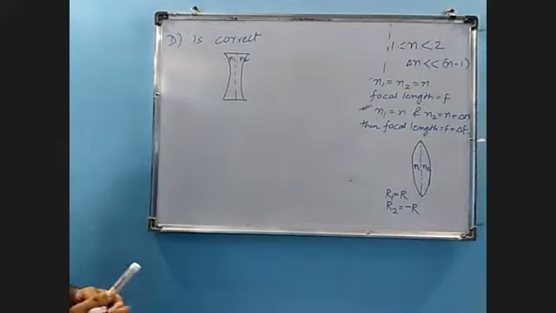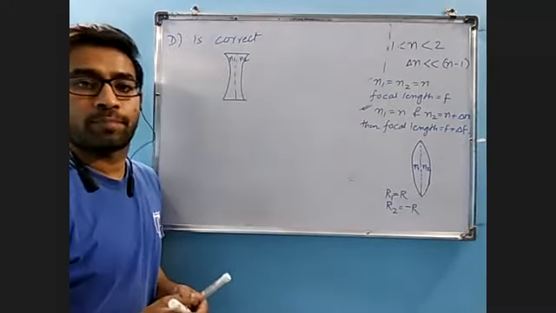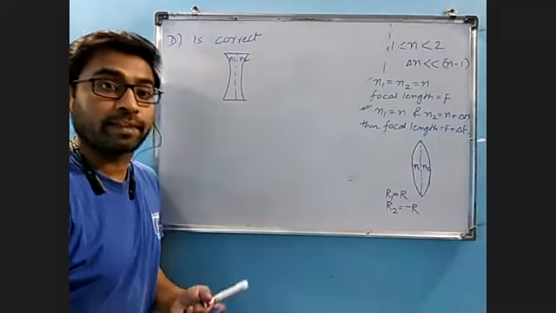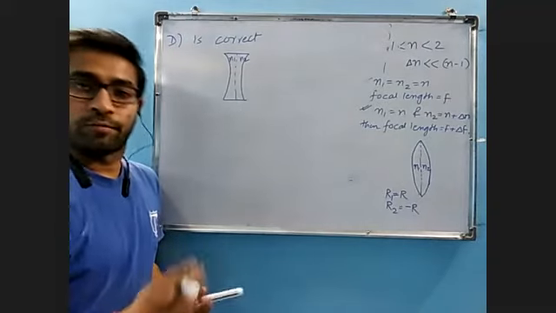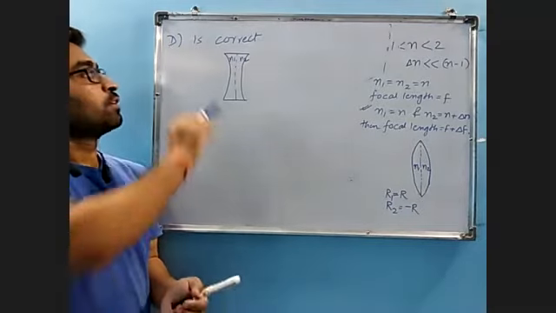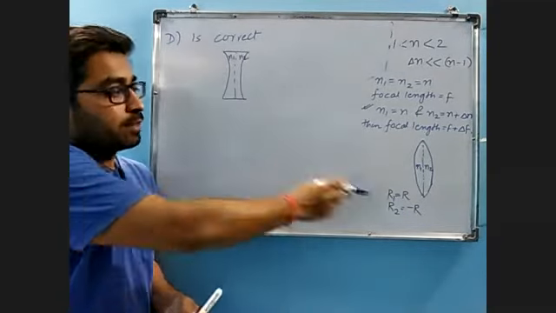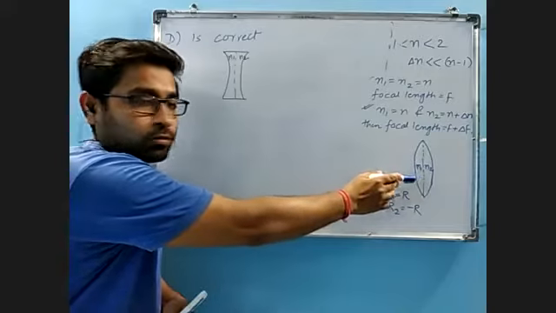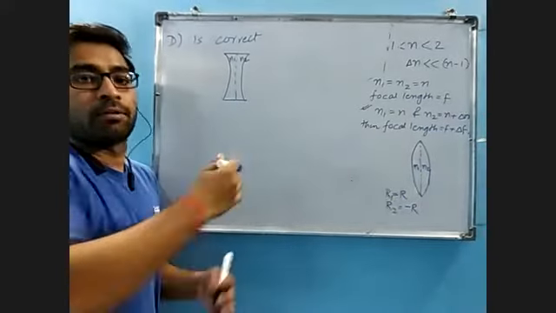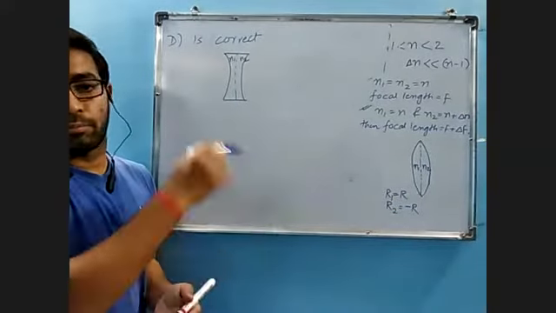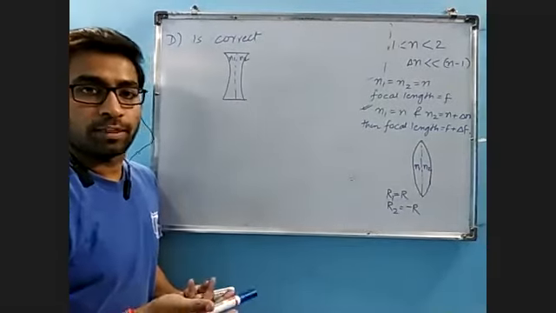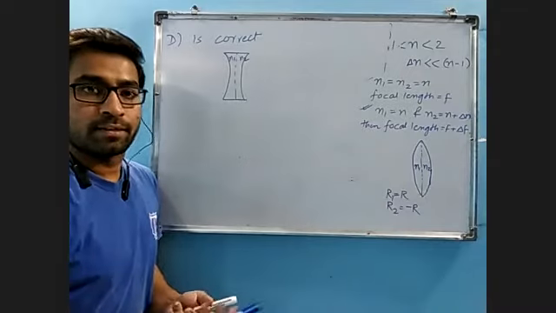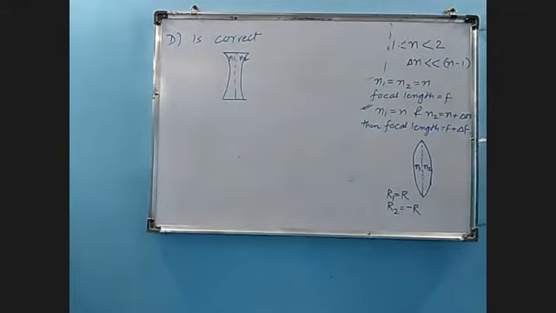Will the relation between delta f by f and delta n by n change or not? They will obviously not change, because when you take the equations for this particular lens, it will merely bring a negative sign in both the equations, and when you take the ratio, the negative signs will go away and you will be getting the same equations. You can solve this for yourself.